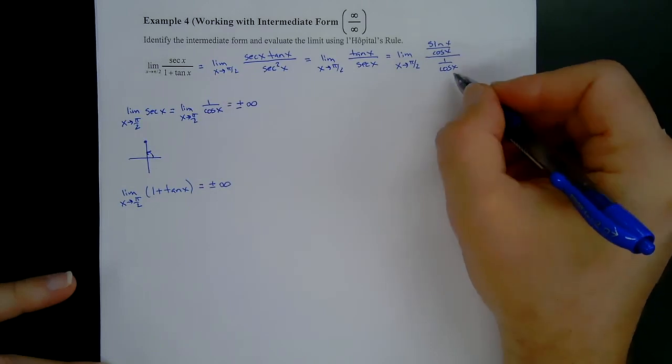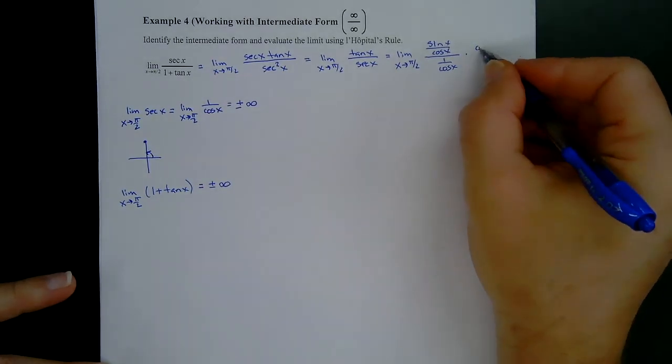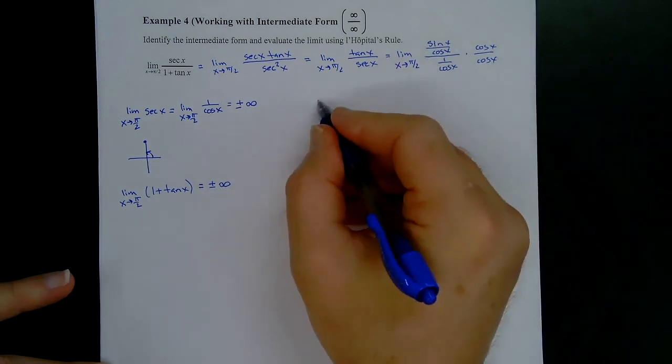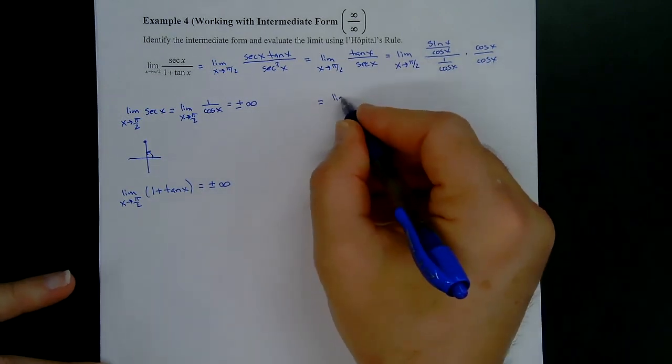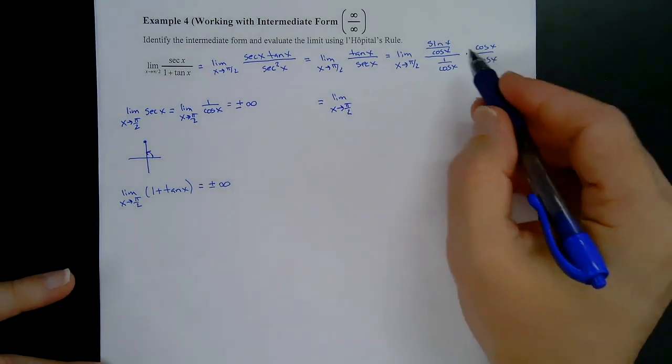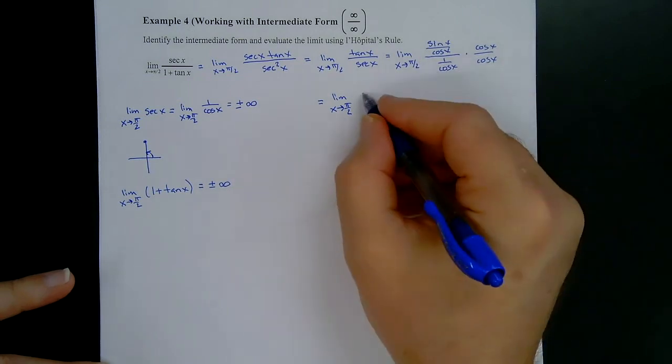And then what we can do is clear out this complex fraction by multiplying by cosine of x over cosine of x. And this would give us the limit as x approaches pi over 2. And we have sine x over 1, which would just be sine of x.